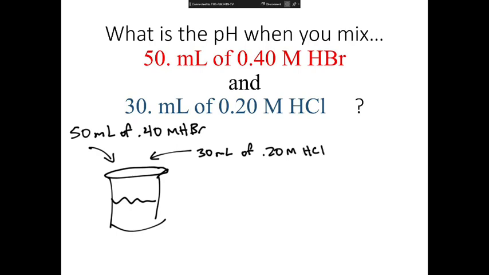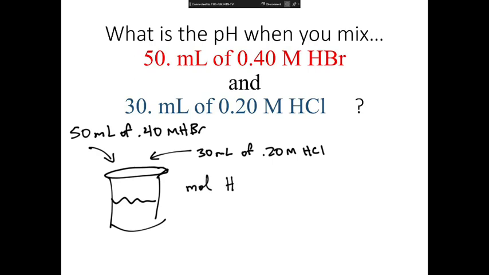So first we want to know how many total moles of H plus are in that beaker, and then we'll divide it by the volume of 80 milliliters to get the molarity. And then we'll do the pH equation from there. We'll take all the moles of acid, add them together, divide by the total volume to get molarity. And then we'll use pH.